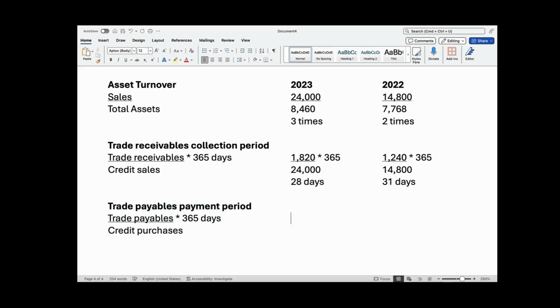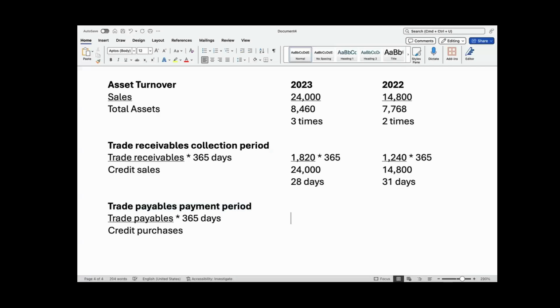Okay. 1452 and 1512. Now let's get our cost of sales. 16,332.